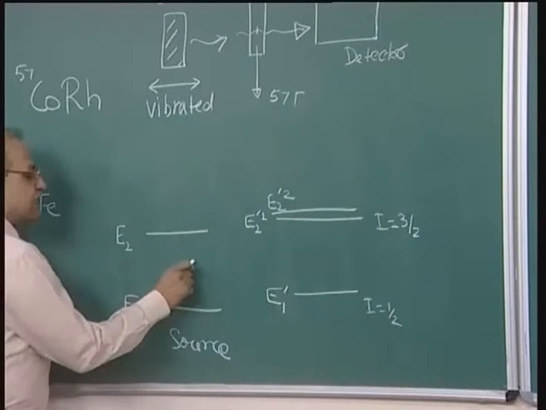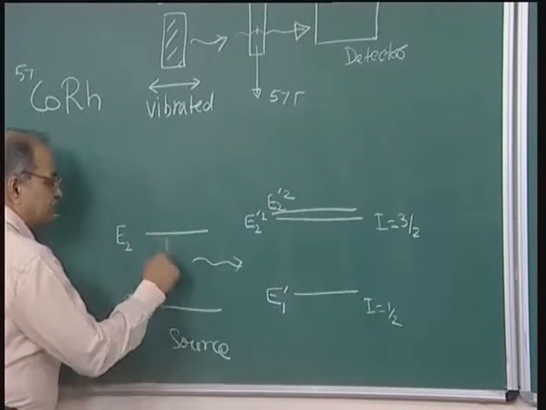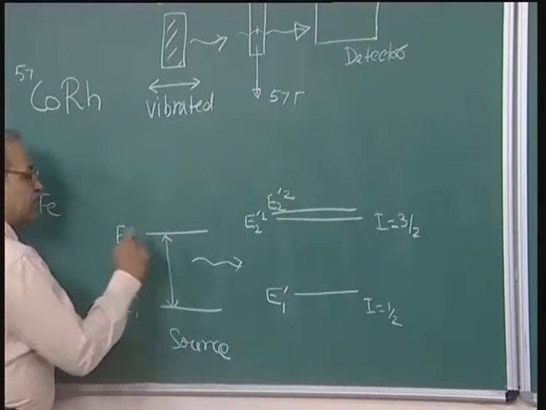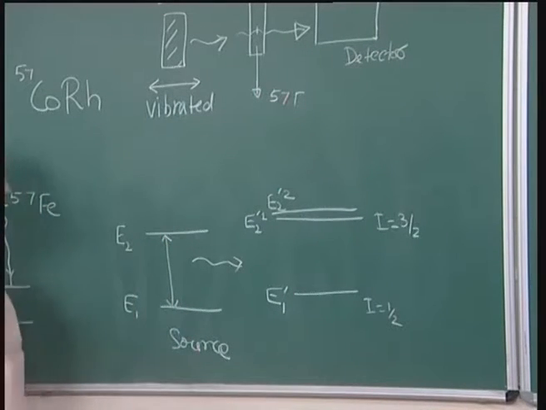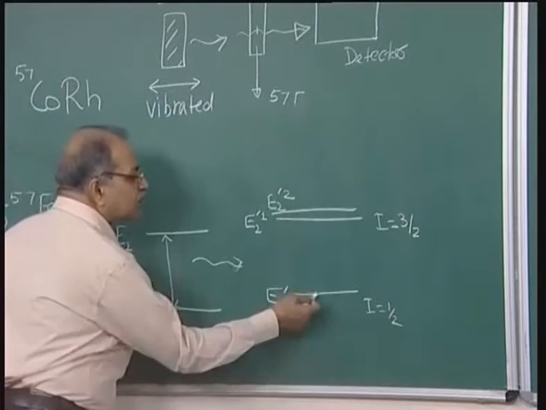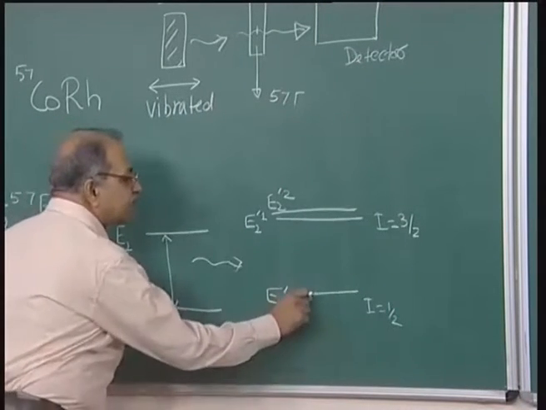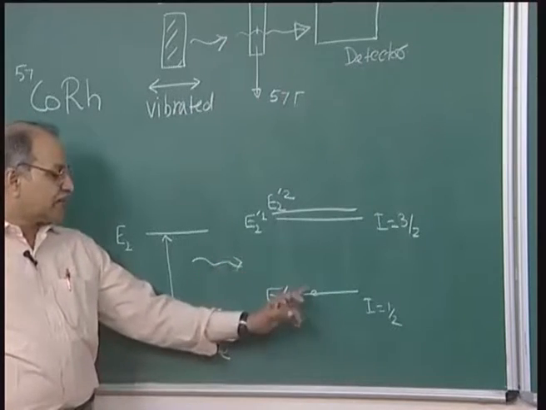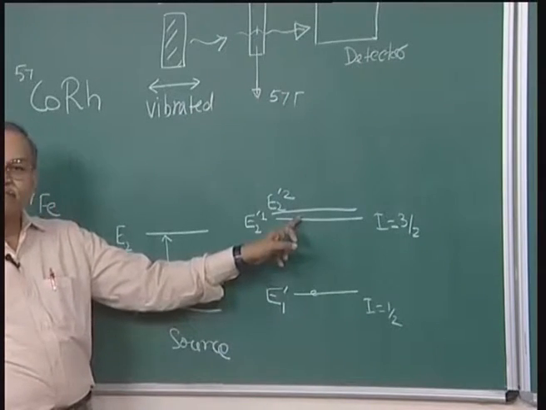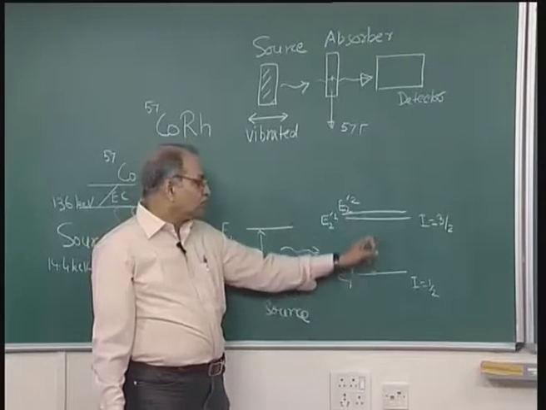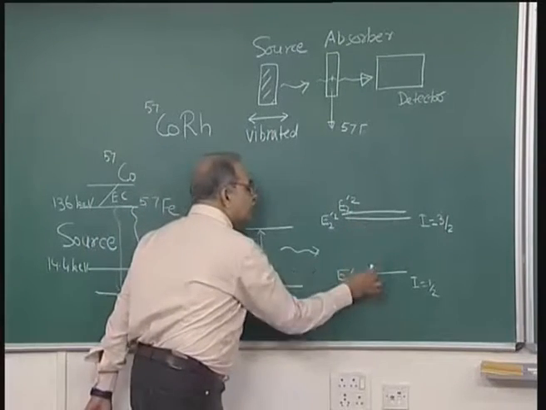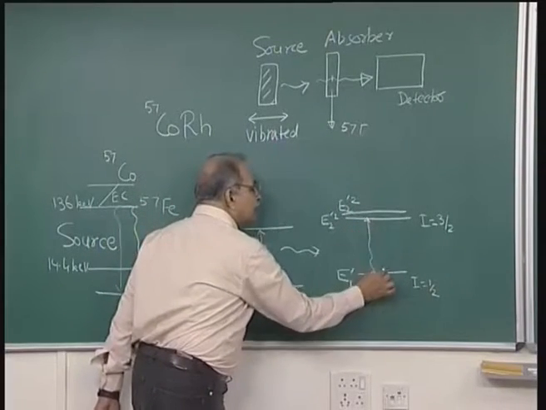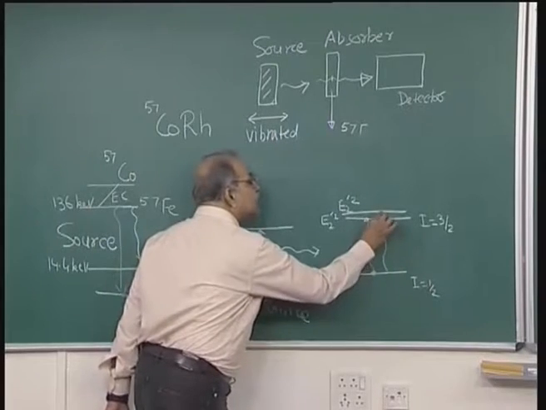So, the gamma ray is coming with this energy, and here this gamma ray falls on the iron 57 sitting in the ground state and tries to take it either to this level or to this level. It can go from here to here as well as to here.